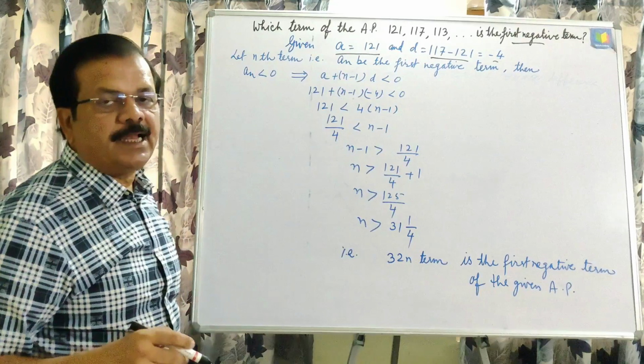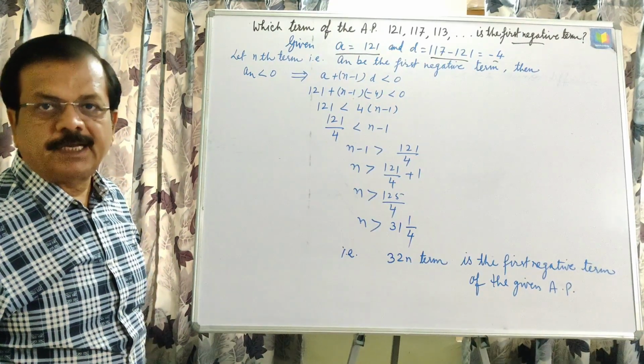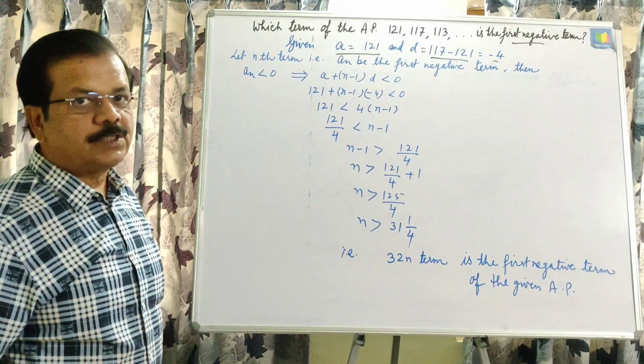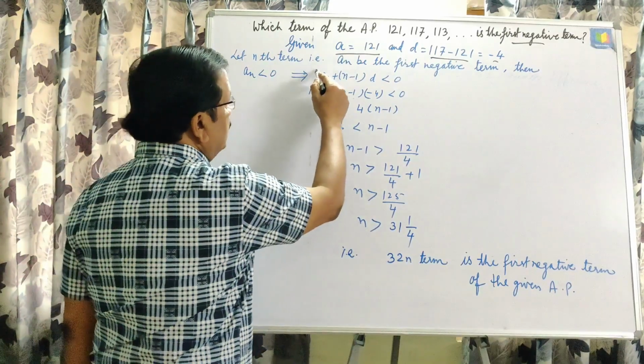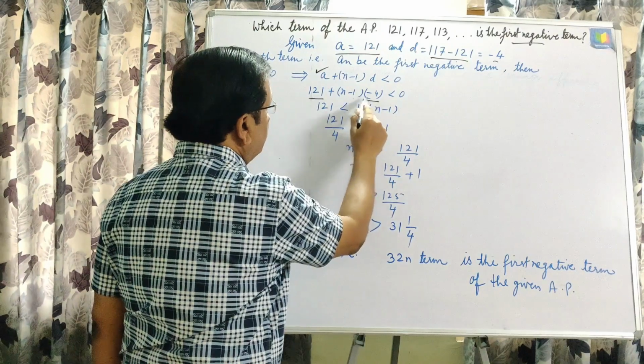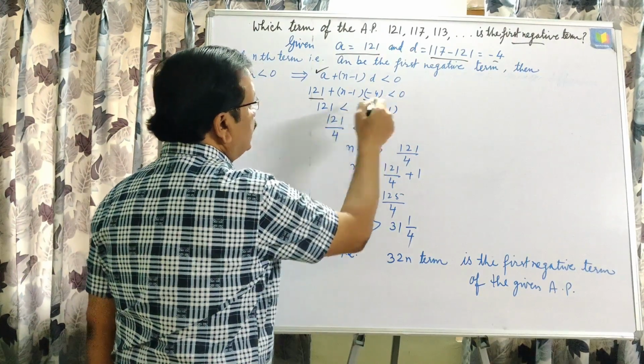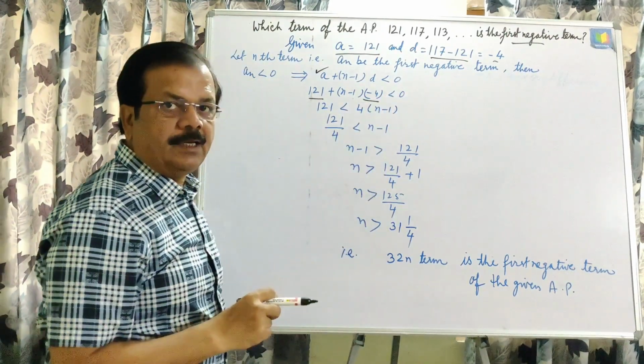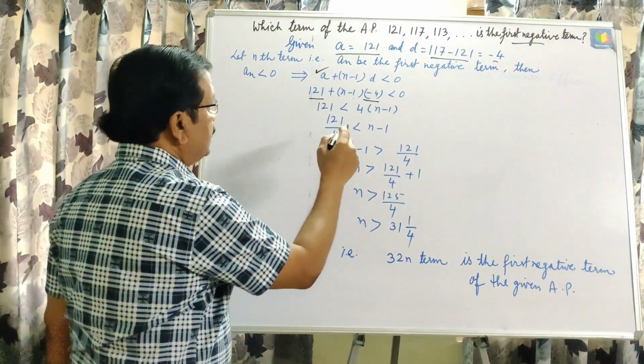Let the nth term be the first negative term, which means we will use the formula a plus n minus 1 into d. Substituting the values of a and d, we are getting here less than 0, because this should be negative, and that is why less than 0.